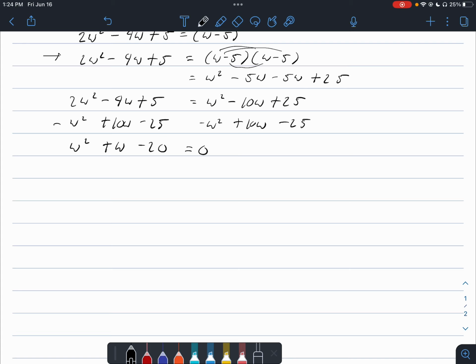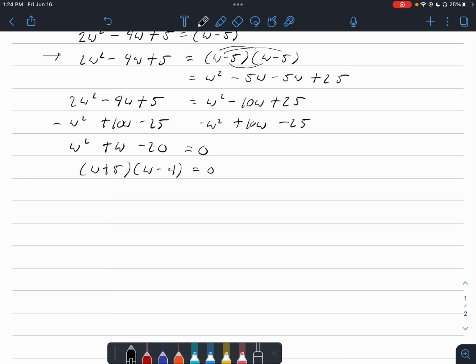Okay, so if we do w plus 5 times w minus 4 equals 0 here. If we were to FOIL this back out, we'd have w squared minus 4w plus 5w. That would be our w here. And then we have 5 times the negative 4. That's negative 20. So there we go.